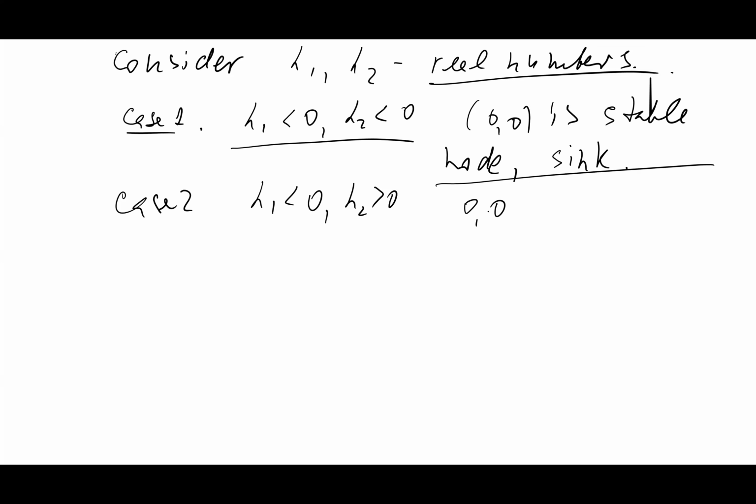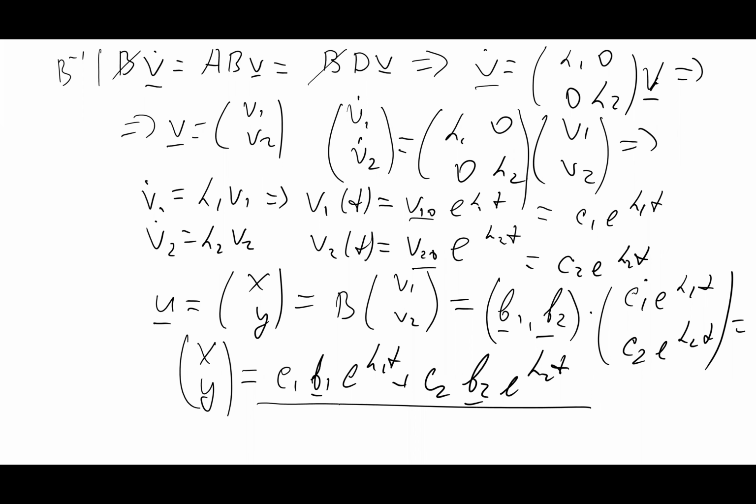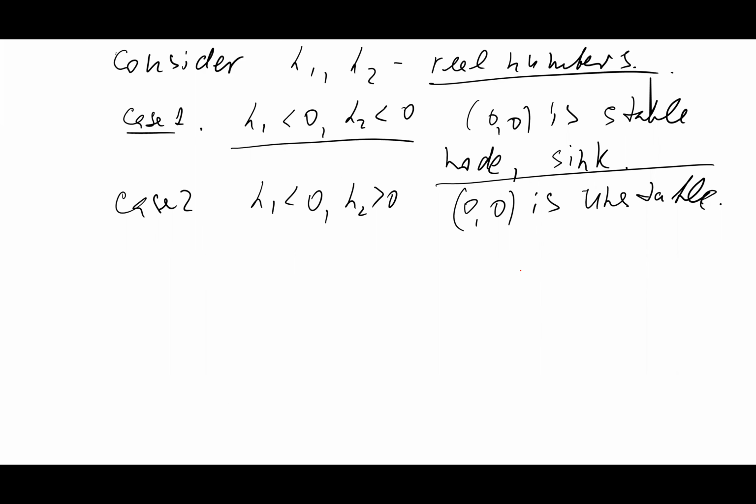Then 0, 0 is unstable, because we don't have convergence to 0 of x and y because of this term. The first term tends to 0, but this one wouldn't tend to 0. This would tend to infinity. And therefore, 0, 0 is unstable, and in this case it is called a saddle. You already know this term, saddle.